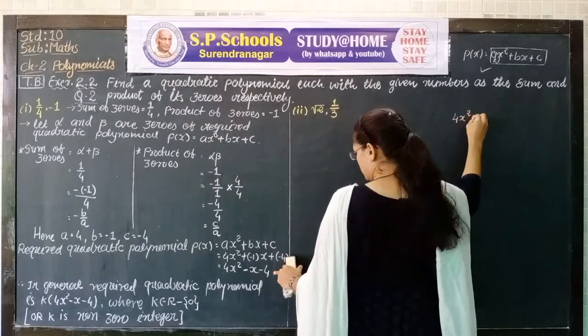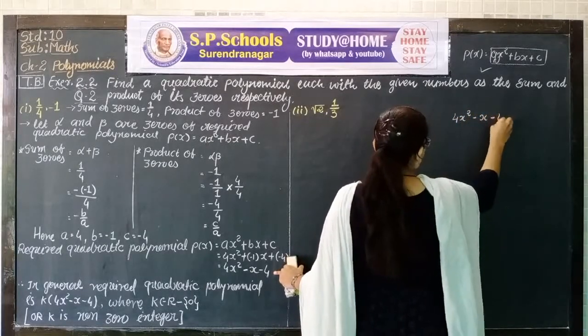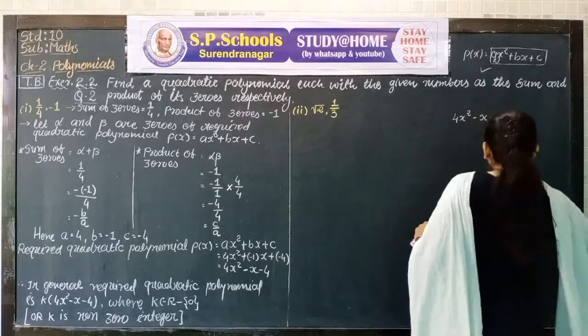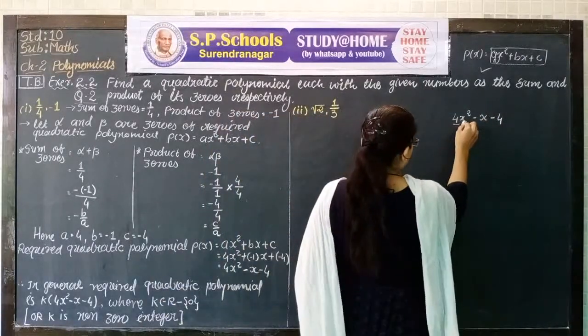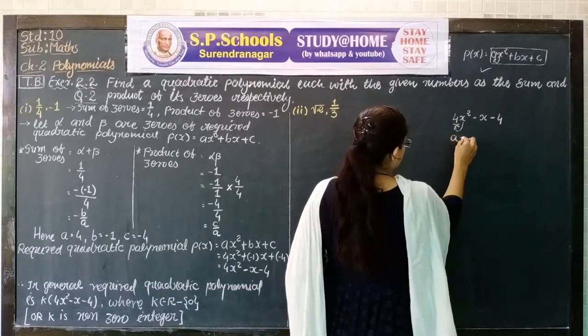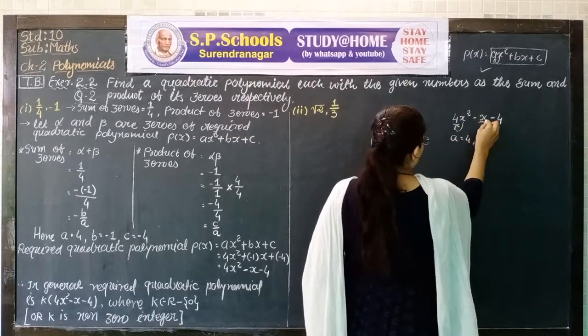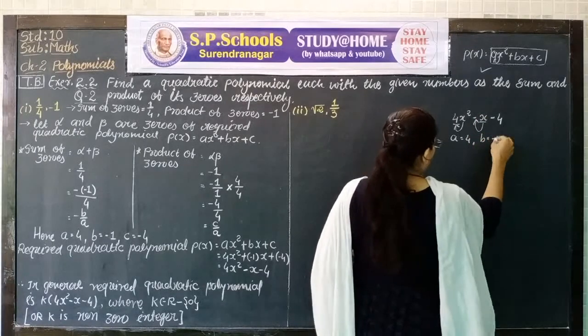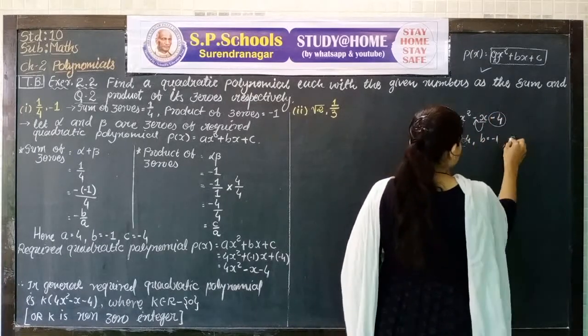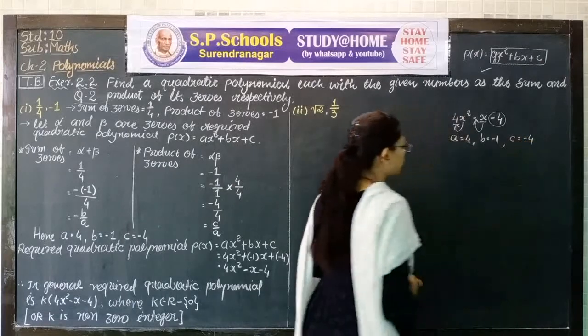4x square minus x minus 4. From that polynomial, first the coefficient of x square, a, is equal to 4, the coefficient of x, b, is equal to minus 1, and the constant term c is equal to minus 4.